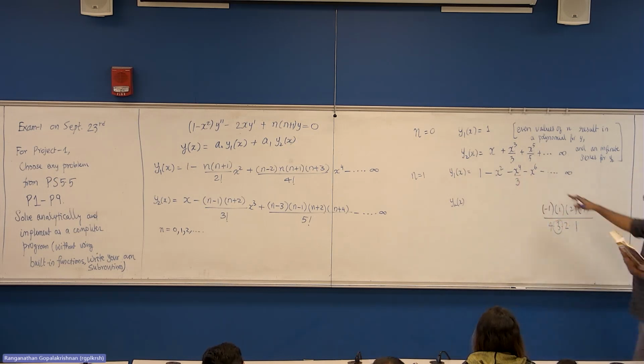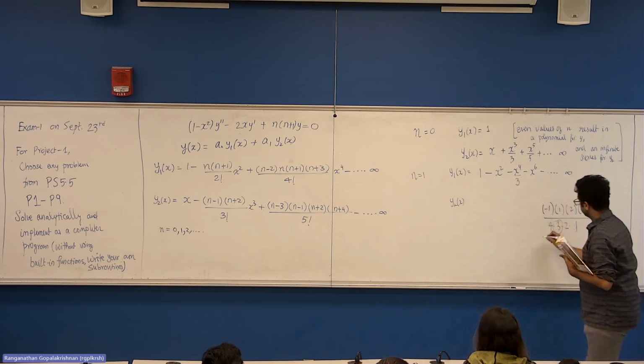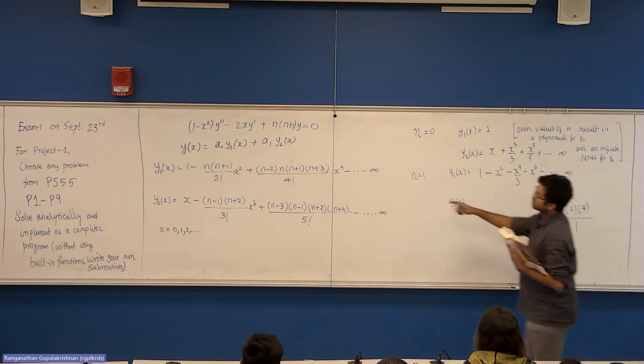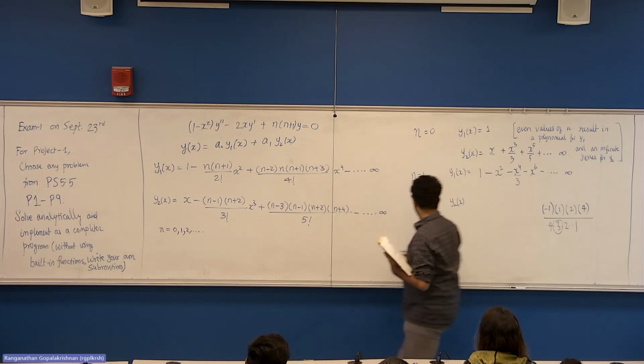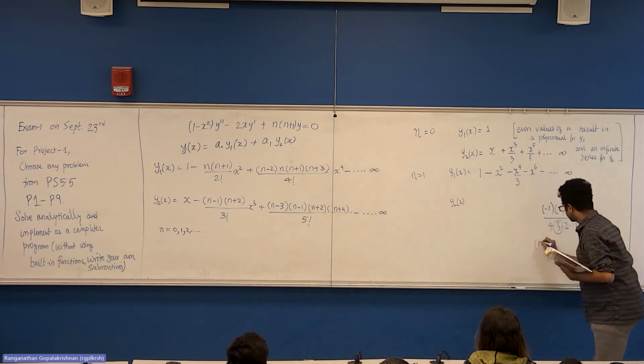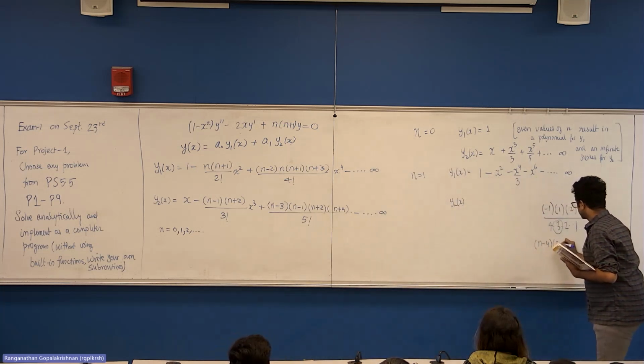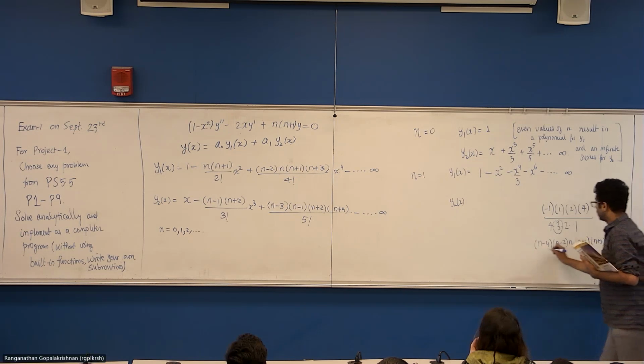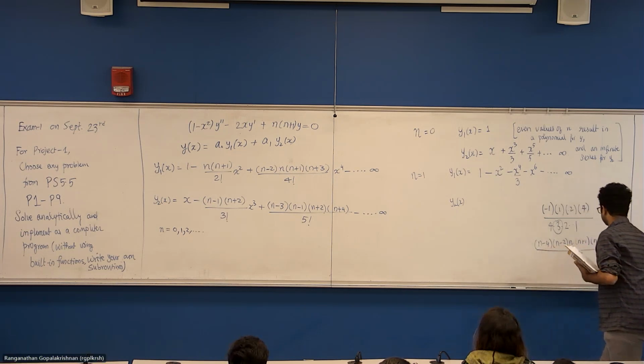And can you write the next term? The next term should start from n minus 4, n minus 2, n plus 1, n plus 3, n plus 5 divided by 6 factorial.